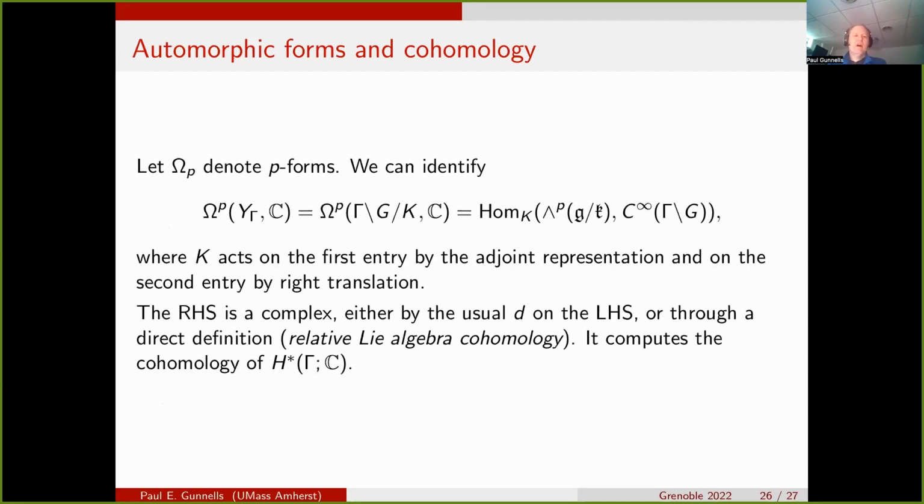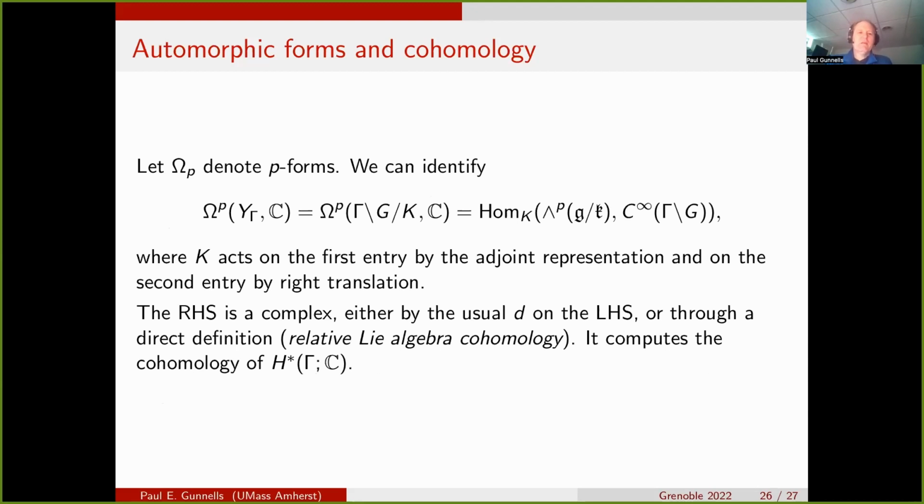Okay, so let Omega^p, sorry, upper p, be the holomorphic p-forms on Y_gamma. Y_gamma is a double quotient, because it's the quotient of D on the left by gamma, so it's a double coset space, G mod K on the right and gamma on the left.